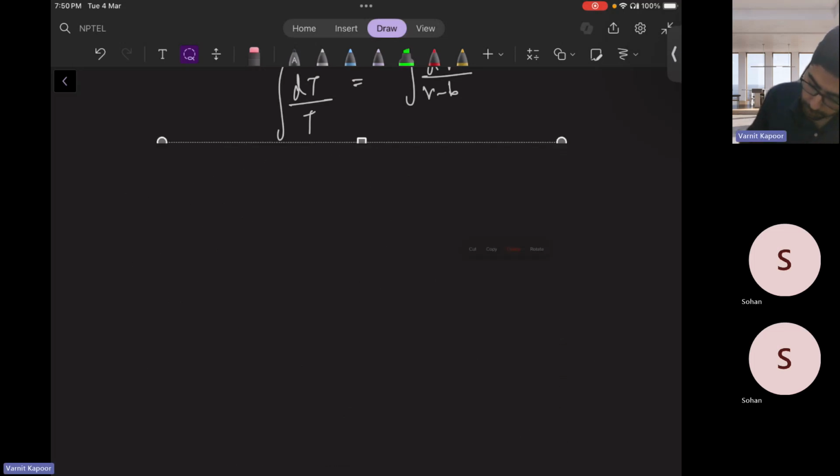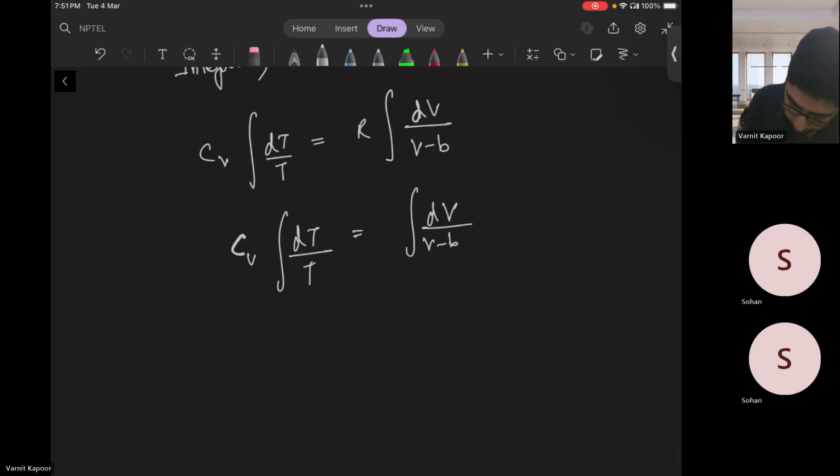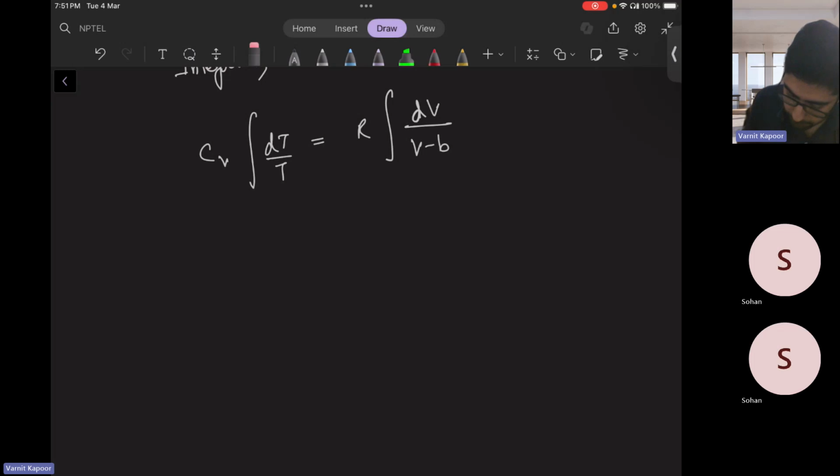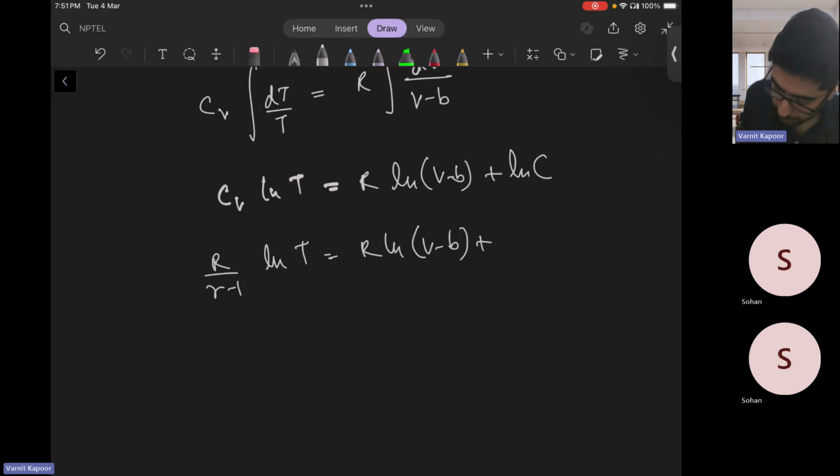First integrate. So it is Cv ln T, R ln of (V minus b) plus ln of C. Now you can write R over gamma minus 1 ln of T is equal to R into ln of (V minus b) plus ln of C.